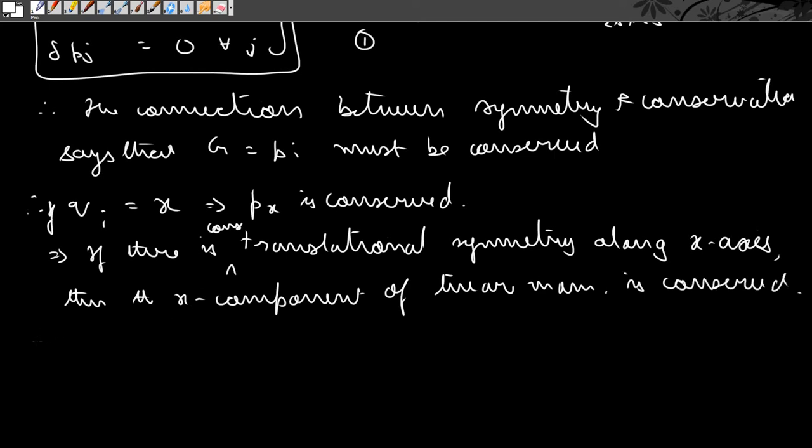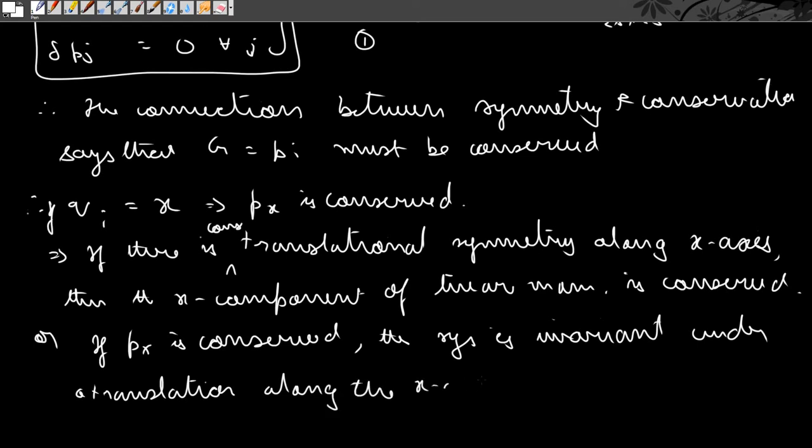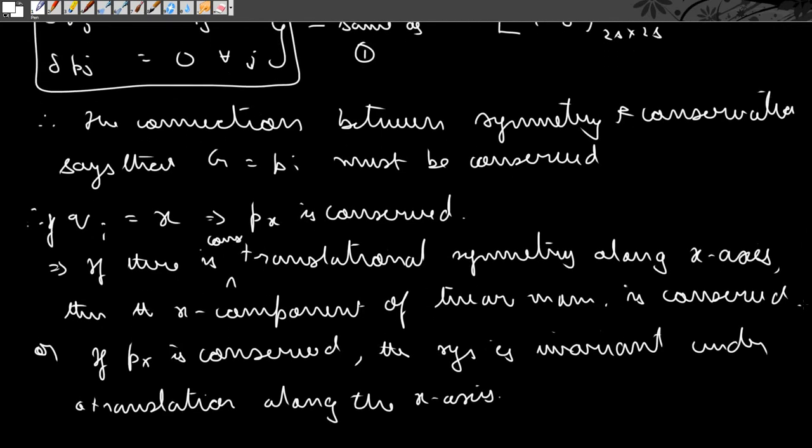Okay, so another way of stating is that if Px is conserved, the system is invariant under a translation along the x-axis. Okay, so this is one example which I wanted to show you, and it makes it clear how the connection between symmetry and conservation is useful when the system is symmetric.